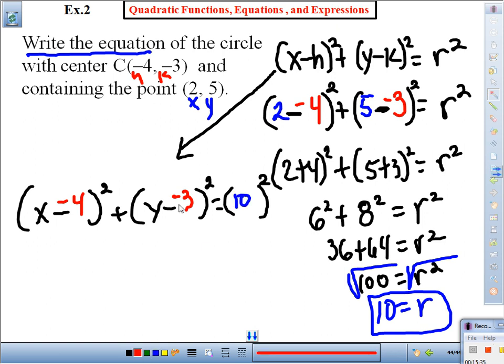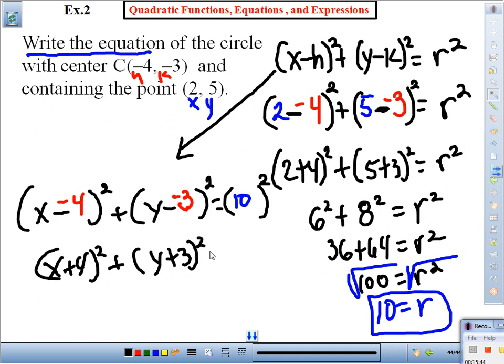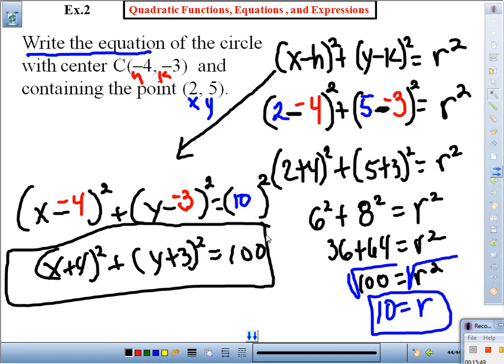Let me finish this. There you go. Simplify. X plus 4 squared plus y plus 3 squared equals 100. Copy that, please.